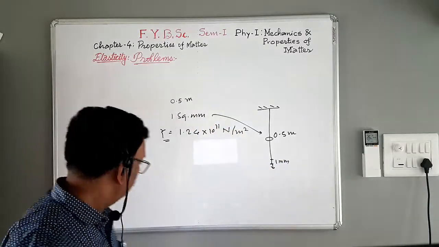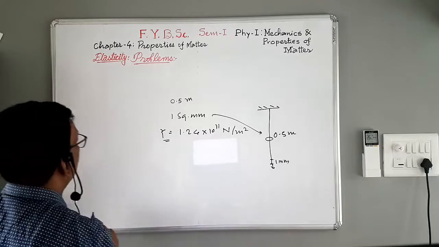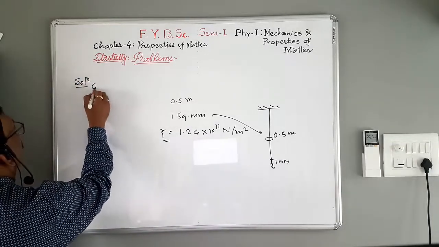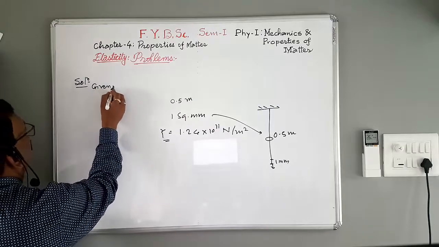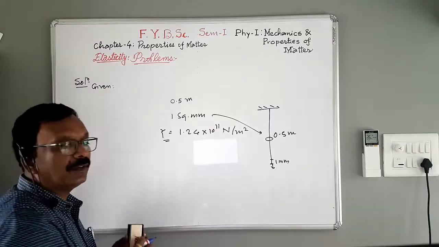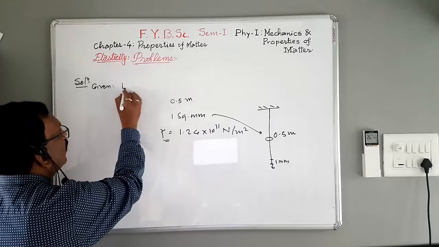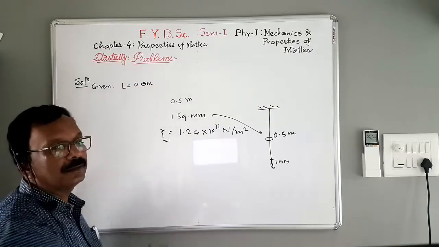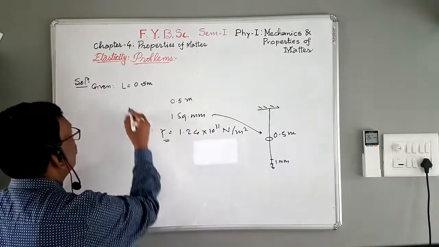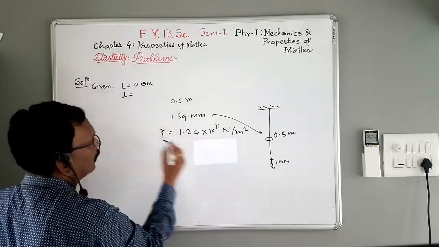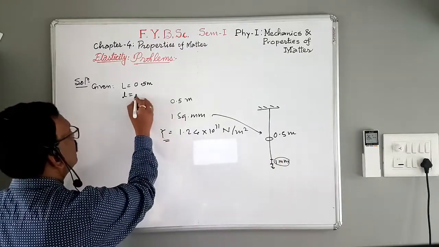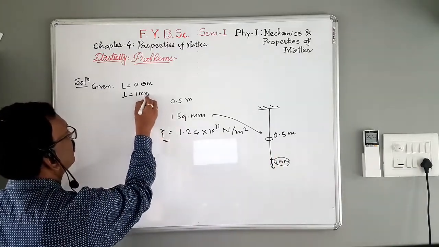Okay. So, the solution of this problem. Given, and in given the first quantity is L is equal to 0.5 meter. Okay. Then the extension of the wire, this is nothing but 1 millimeter.